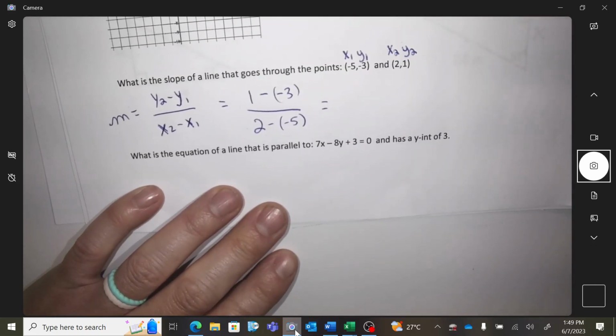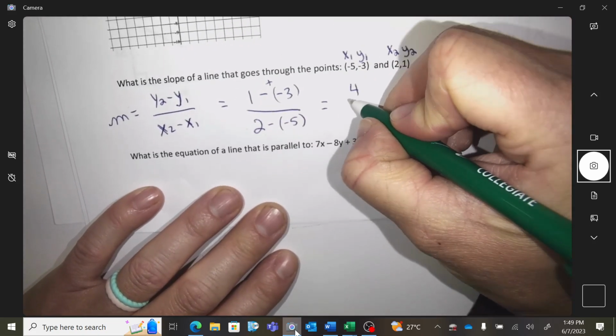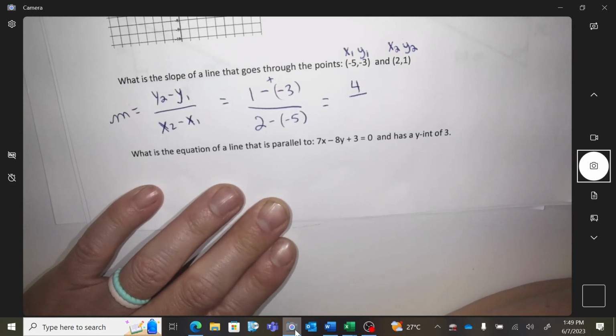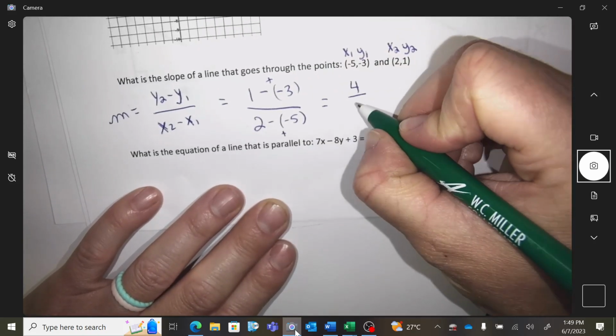Okay, what happens when you subtract negatives? They add, so that becomes 4. And, oh, there's another subtract negative.